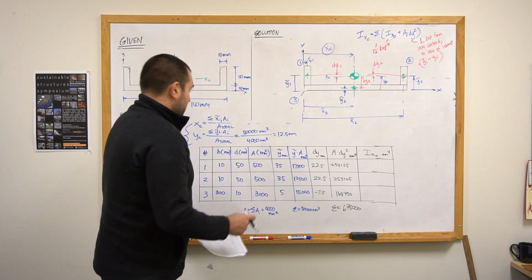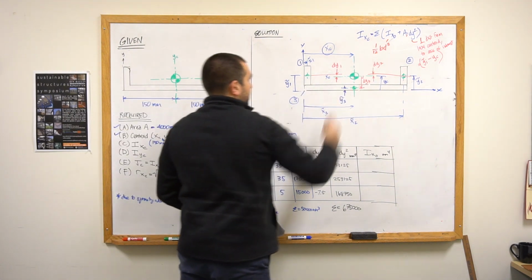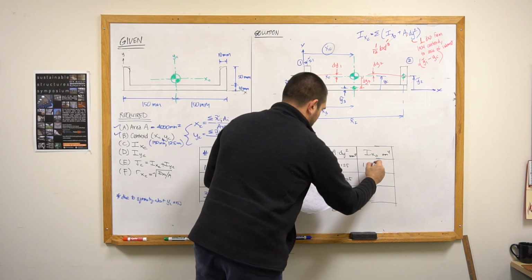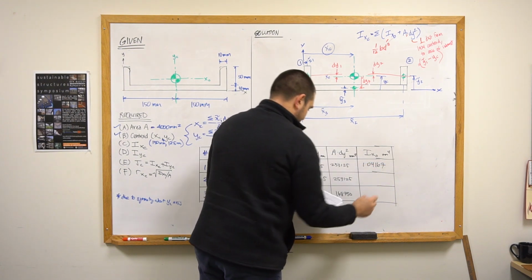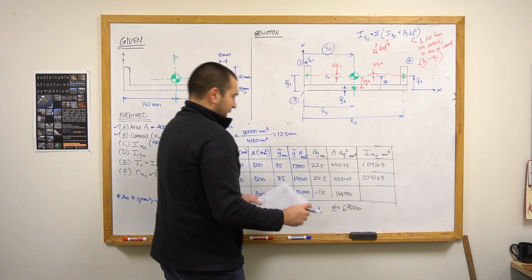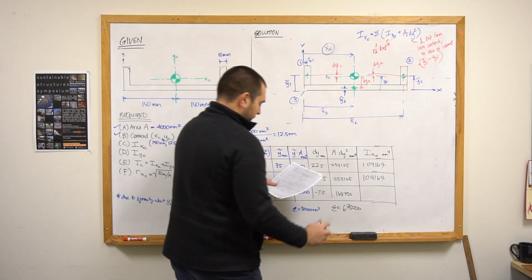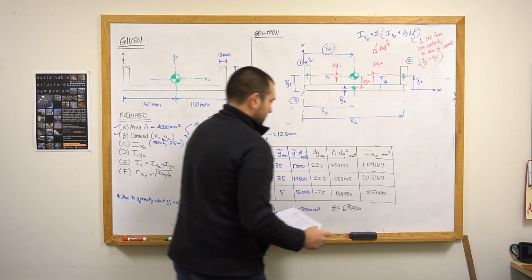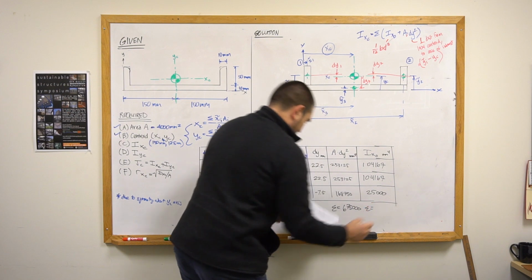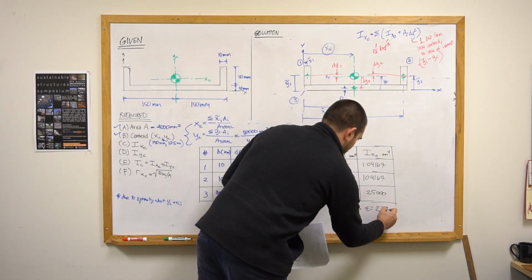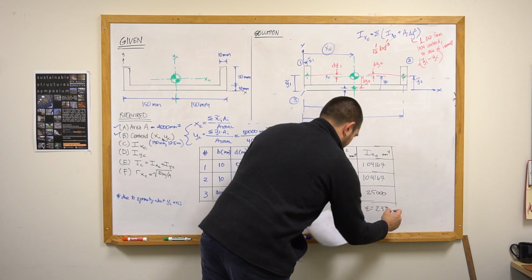Using 1/12 base times depth cubed, I get values of 104,167 for both shape 1 and shape 2. And then for the bottom shape, shape 3, I get 25,000. If I sum up those values, I get 233,334.